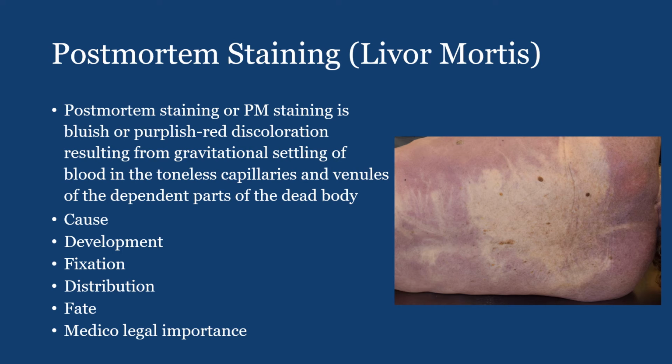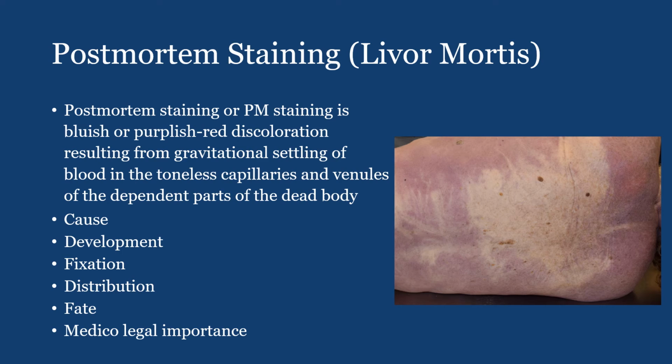The medico-legal importance of postmortem staining: it can give us a sign of death. The time since death can be roughly estimated, and it indicates the posture of the body especially, whether it is in supine position, prone position, sideways, or hanging. The cause of death may be judged from the distribution and color of postmortem staining.